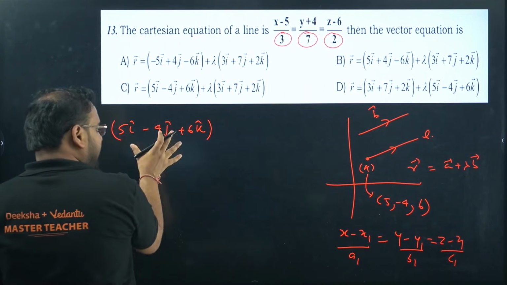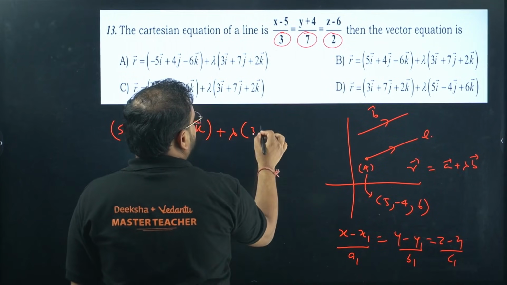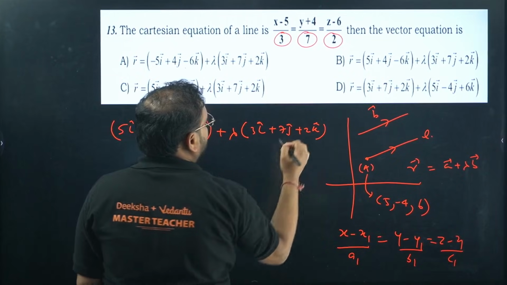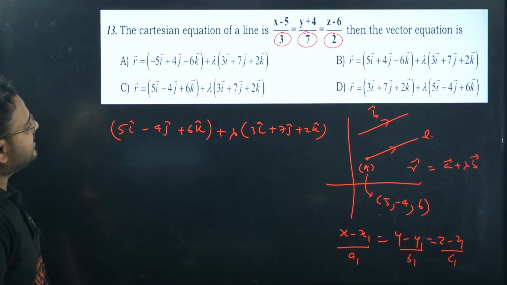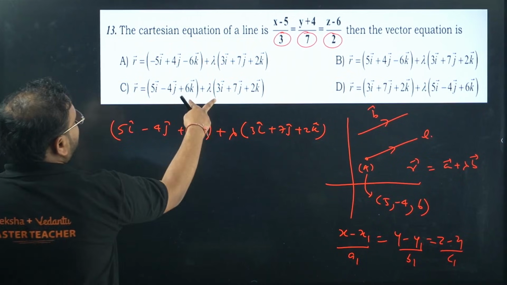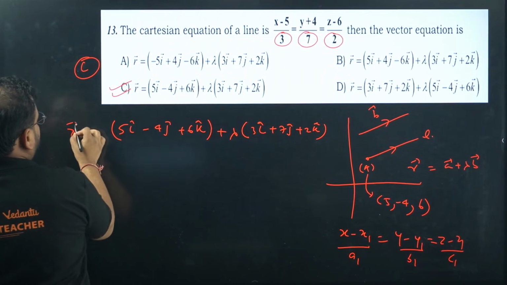This is my vector a, plus lambda times 3 i cap, 7 j cap, and 2 k cap. Option C is correct. This is your resulting vector.